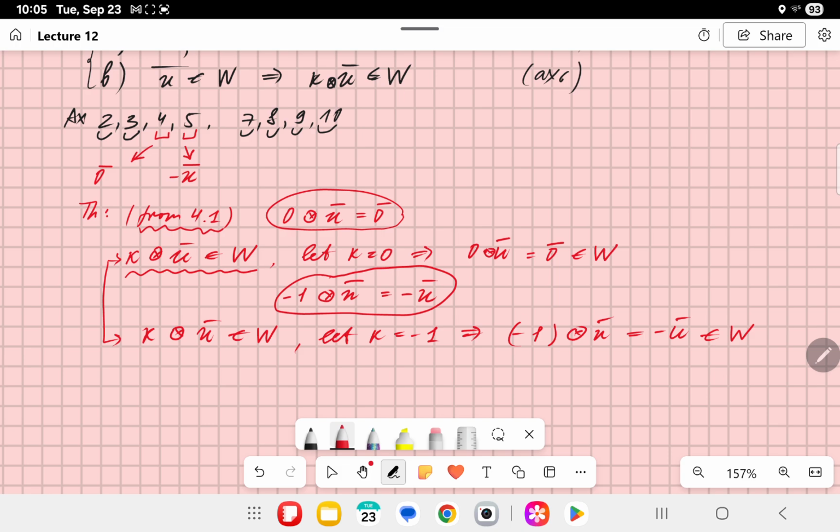So from now on, guys, to check if a subset is actually a subspace, we're going to just check closure axioms. We are not going to check all other axioms.